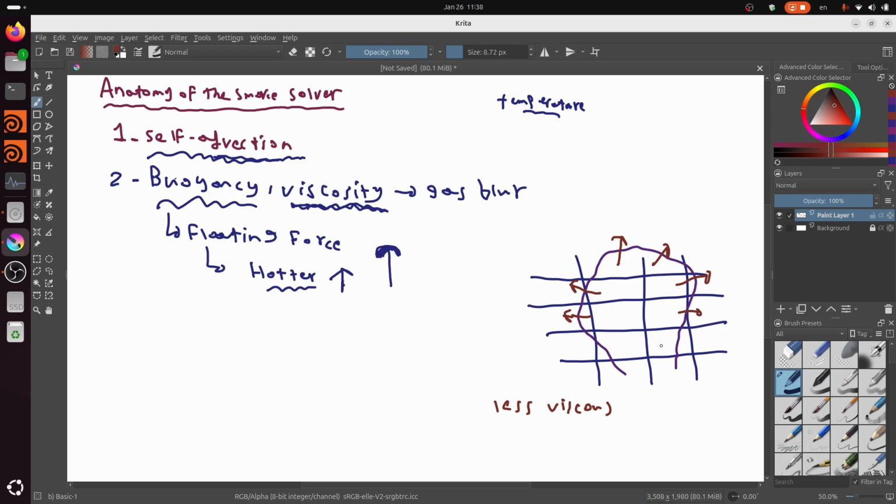But if we want to make this less viscous smoke more viscous, we will want to minimize the difference between these velocity vectors.